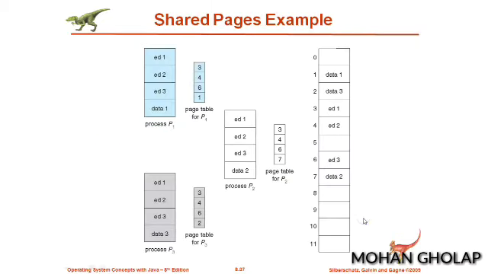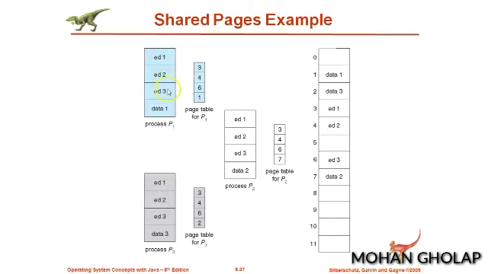Let us consider an example of shared pages. You can see here we have process P1, process P2 and process P3. Every process has its own private data, that is data 1, data 2 and data 3. Along with that, it is using the editors. You can see three editors, ed1, ed2, ed3, for every process.